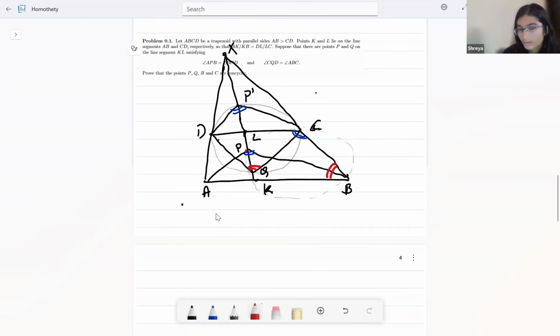Introduce points. We can perhaps show that angle APK is equal to DCQ, then it might lead to showing that the triangles are similar.